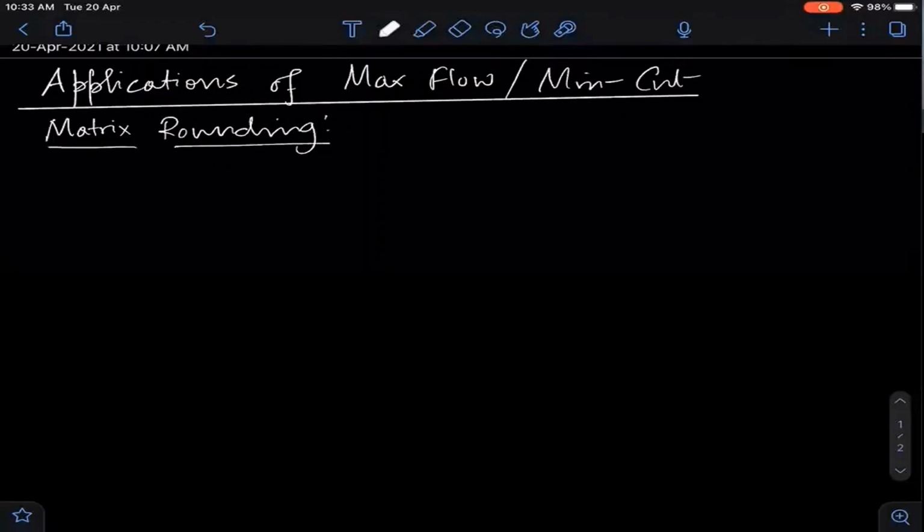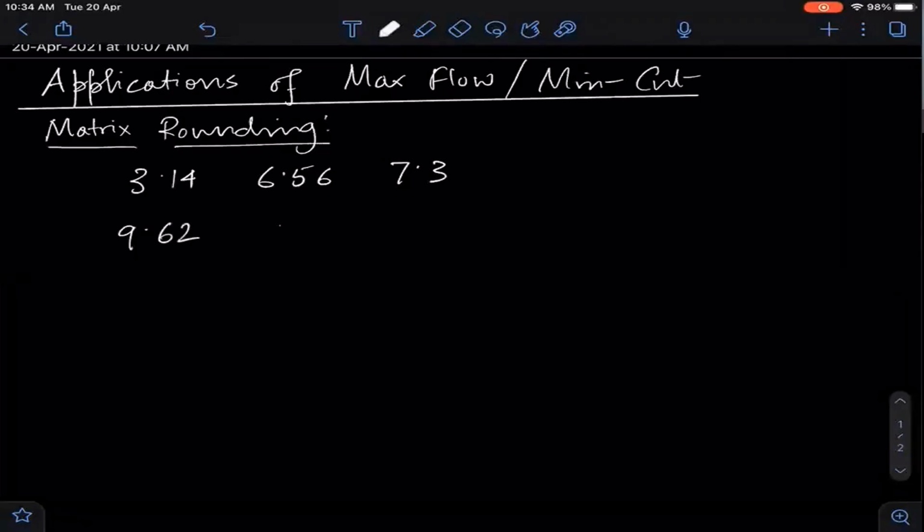Suppose I give you some matrix. Let's just start with an example. Suppose I have the following matrix. Suppose we are given this matrix.